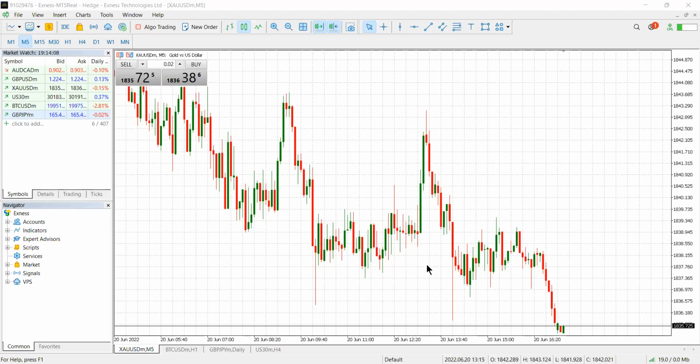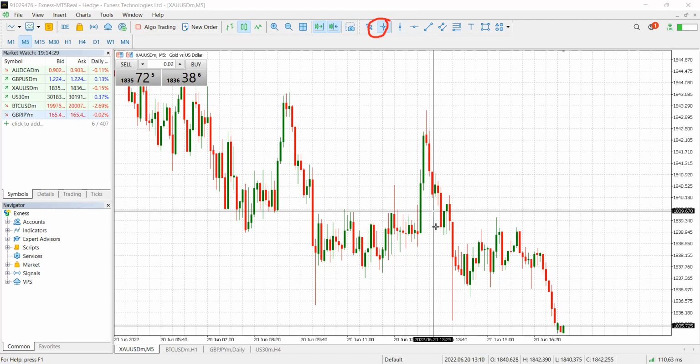Okay, so another simple way by which you can calculate your pips is using the crosshair tool, which is this tool over here. This over here, the plus. Now, one thing is that you take it from the point where you want to calculate the pip.